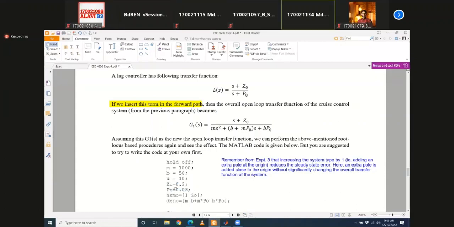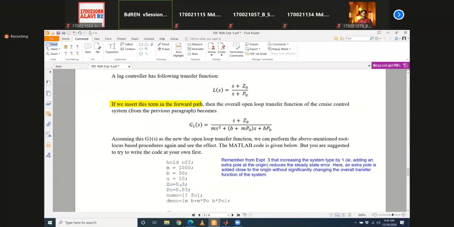First of all, they're very small, so this overall transfer function is close to 1. But again, if you take a look at z naught, it's 10 times p naught, isn't it? So that means that z naught is very far away from p naught. This is equivalent to 3 being very far away from 30.